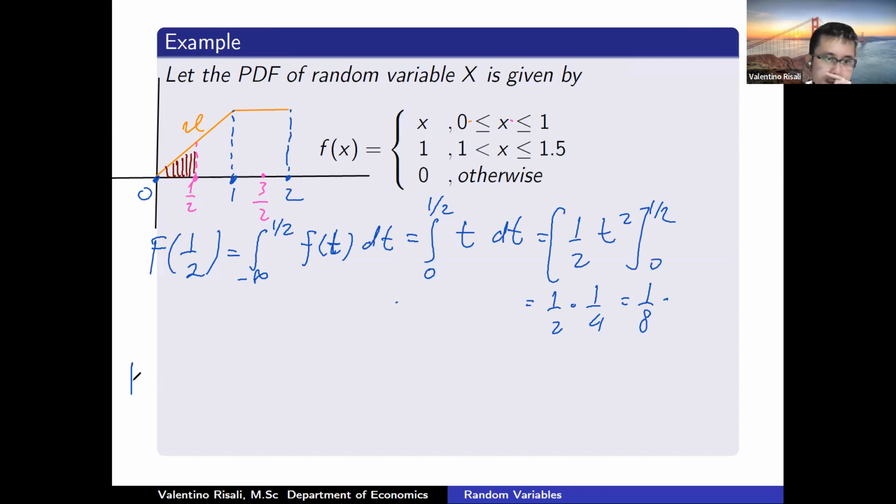And for the second cumulative, the function at 3/2 is this area.